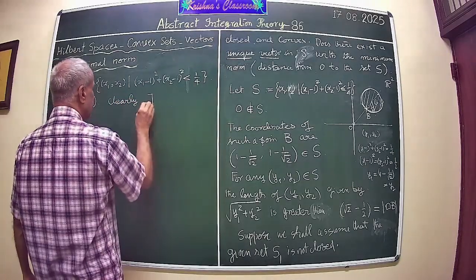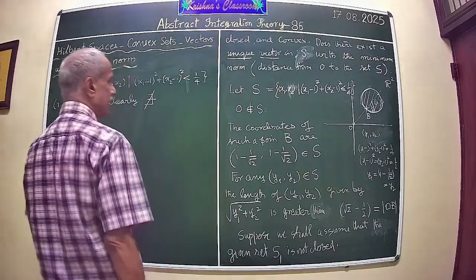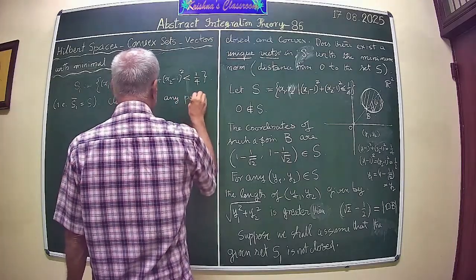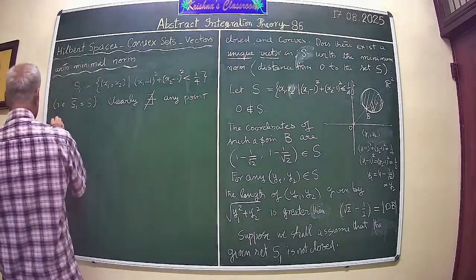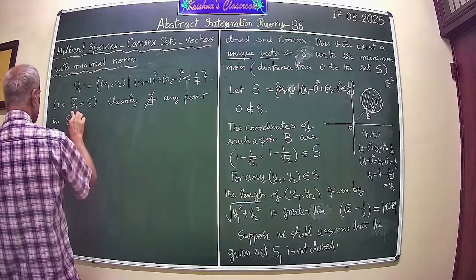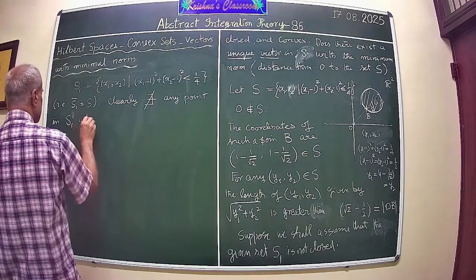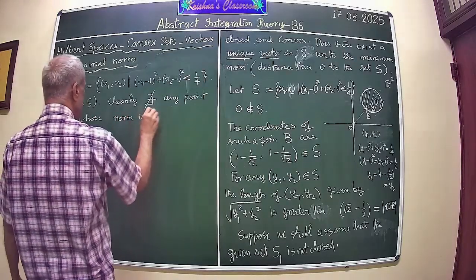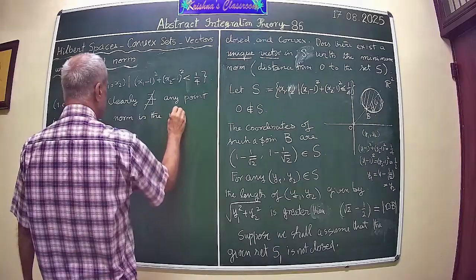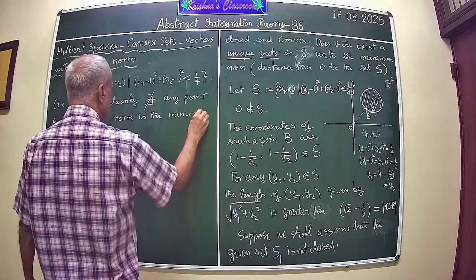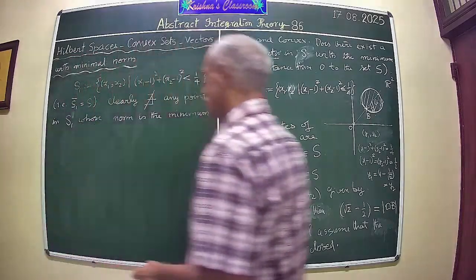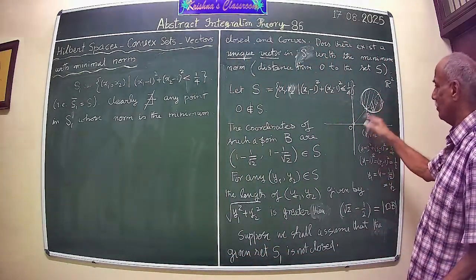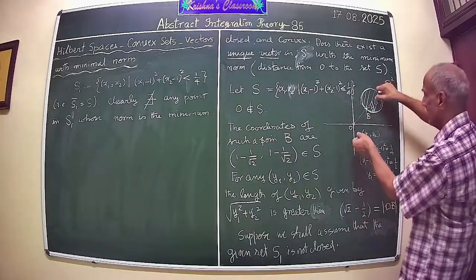That clearly there does not exist any point in S1 whose norm is the minimum. Okay, that's quite easy to see. Now it is eventually on this line.